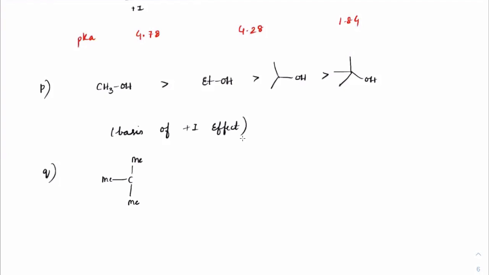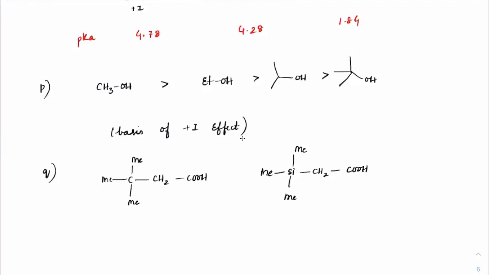Next, suppose we have neopentyl carboxylic acid, and if you compare that with neopentyl silyl carboxylic acid, with silicon present instead of carbon. Okay, is the second one greater or the first one greater?